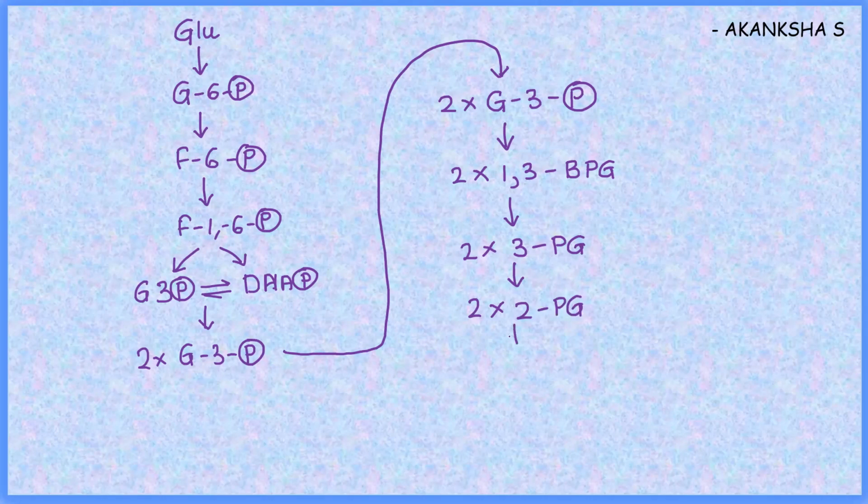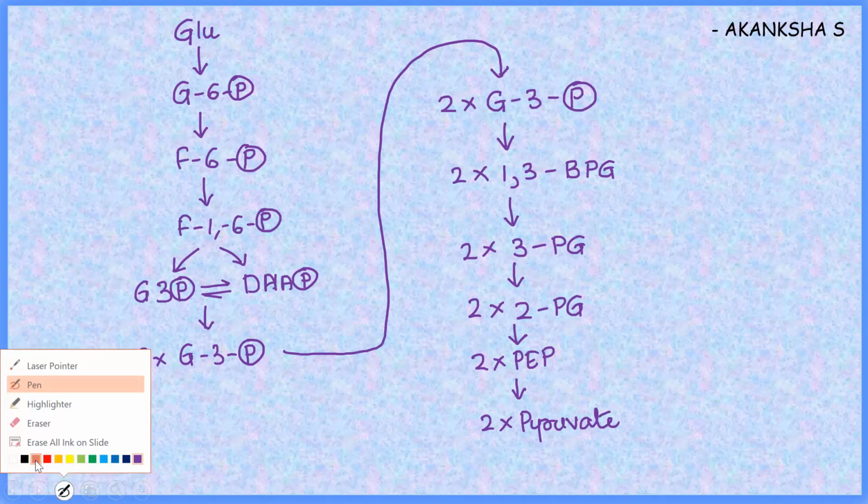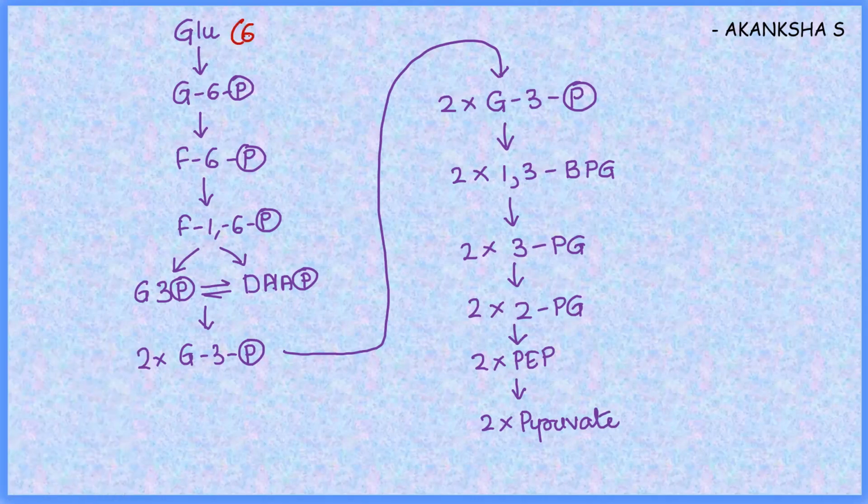From 2-phosphoglycerate, now we have completely utilized our glycerate. We are going into the acidic parameter. We got 2 phosphoenol pyruvate. And finally, we got 2 pyruvate. Let's try to quickly break this down. We started with a 6-carbon compound glucose and we terminated with 2 molecules of 3-carbon compound called pyruvate or pyruvic acid.